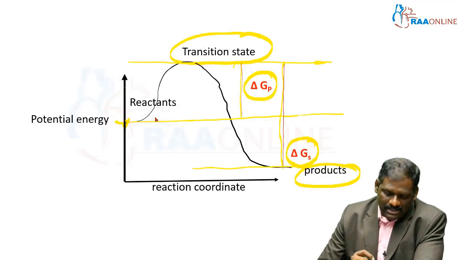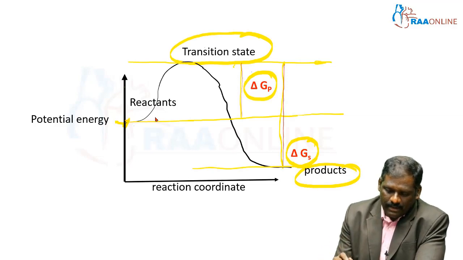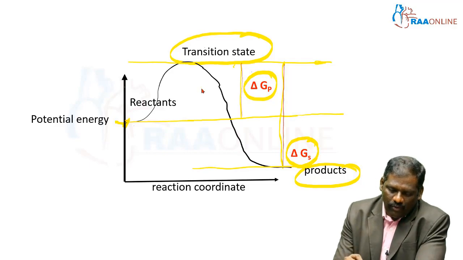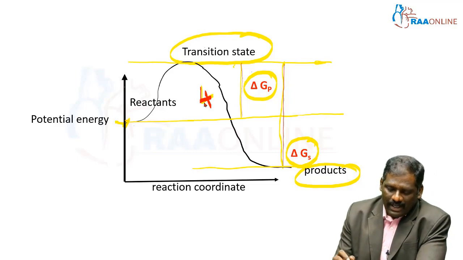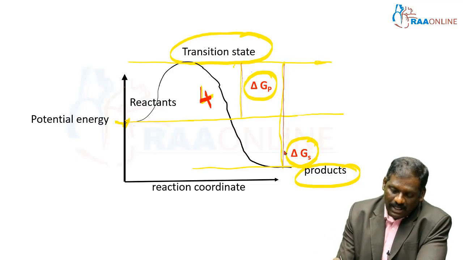Now you can clearly see in this that for the reactant to attain the transition state, the energy level required is much lower, say for example 4. Whereas the energy level used for changing the product from the ground state to the transition state in the reversible reaction is much higher, say for example 10.